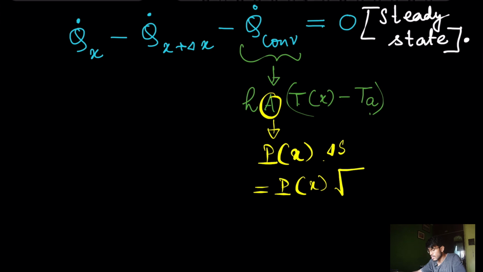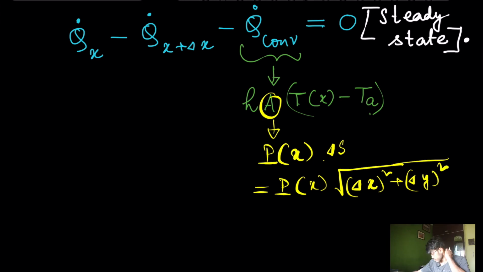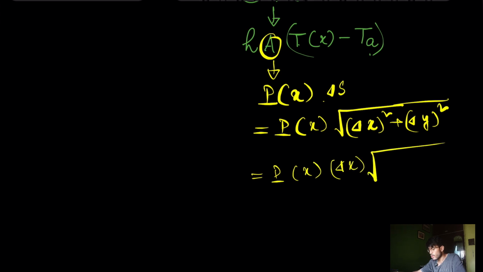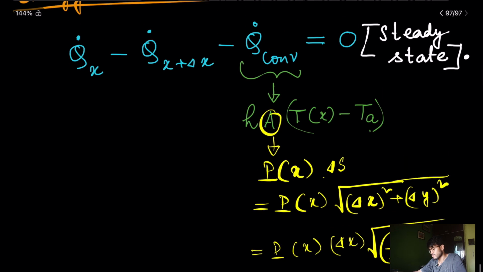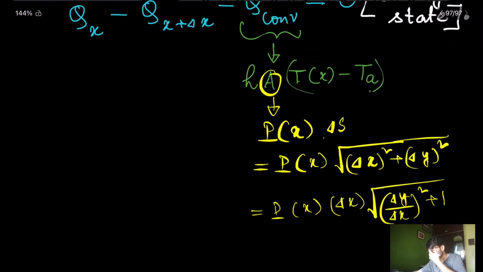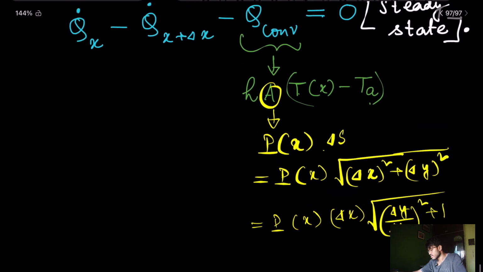Delta s is root over delta x square plus delta y square, and if I take delta x square common, it will be delta y by delta x square plus 1. Now let us do the analysis.